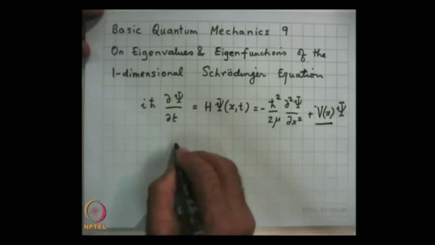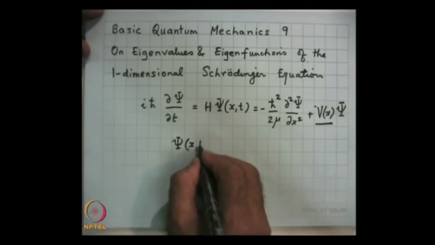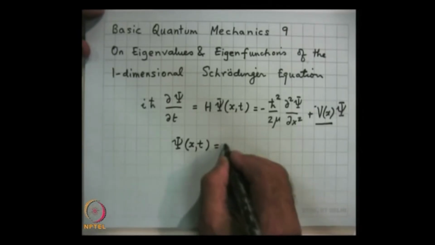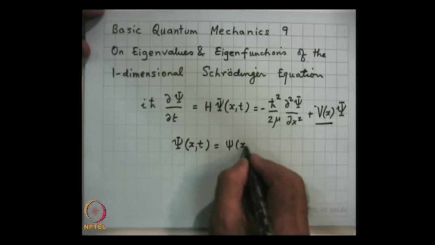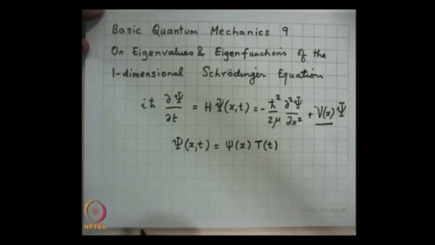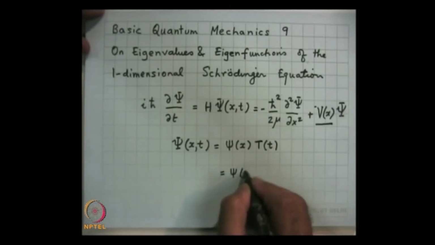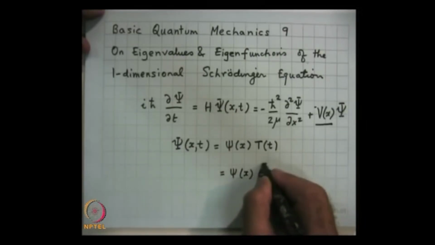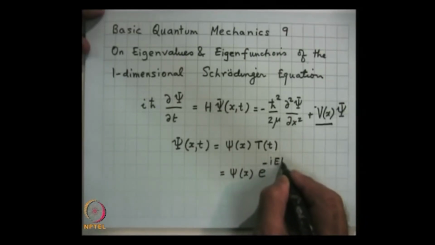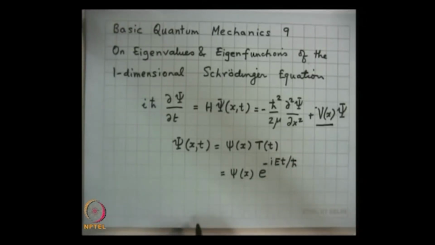and then as we had discussed earlier, we can write down the solution using the method of separation of variables, which is given by psi of x times T of t. We had done this before and we found that the variables indeed separated out, and the time dependent part was given by e to the power of minus i E t by h cross, where E is a constant.